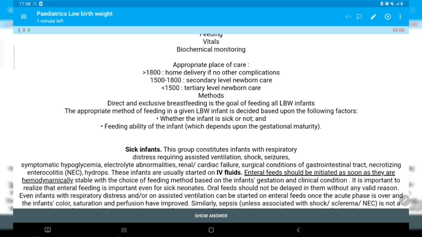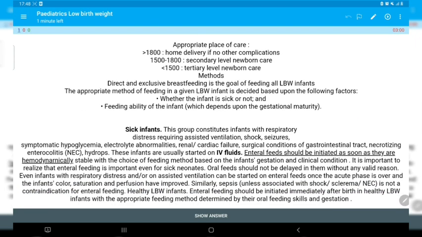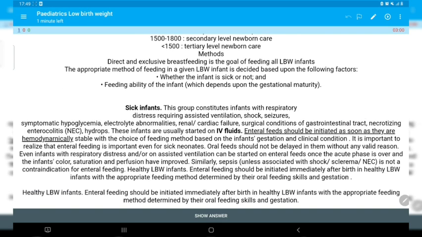So how can we care for the baby and how can we feed the baby? We have two things: direct and exclusive breastfeeding. The feeding also depends on two things: whether the infant is sick or not, and the feeding ability of the infant. Sick infants can be given IV fluids first, and then if the vitals are stable, we can give enteral feeding.